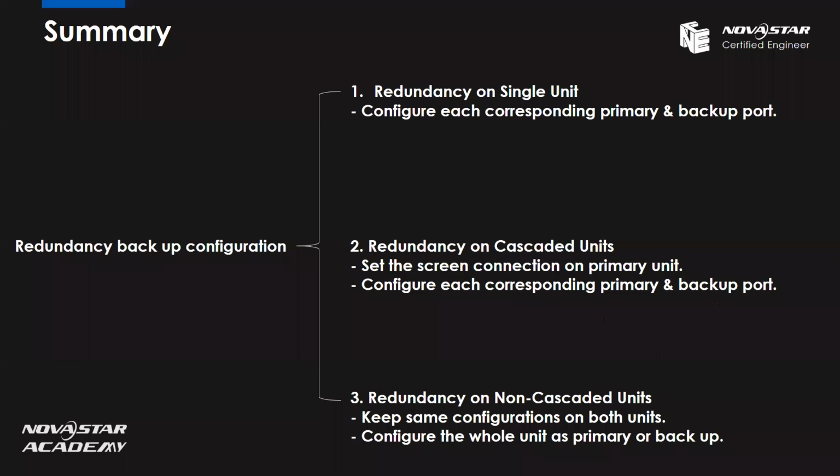And then we need to configure the whole unit to work as a primary unit or a backup unit. So in this part, we don't need to configure the ports one by one anymore. We can set the whole unit to work as primary or backup. I think maybe it's more convenient. Okay, so that's all for the redundancy configuration.